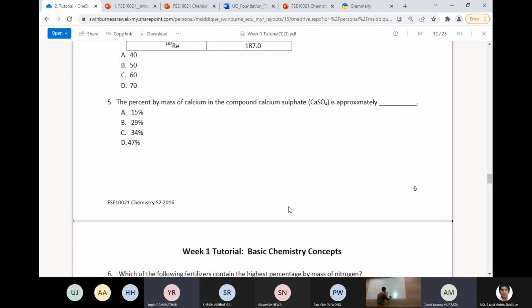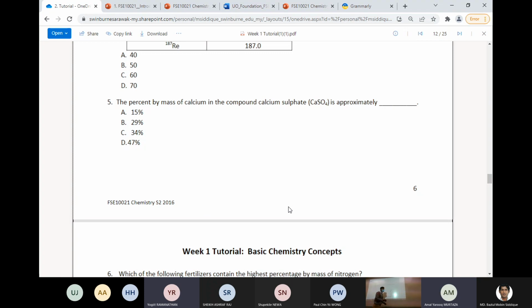Calcium is 40 plus sulfur is 32 plus oxygen is 16 times 4, which is 64. 40 plus 32 is 72, plus 64 is 136.